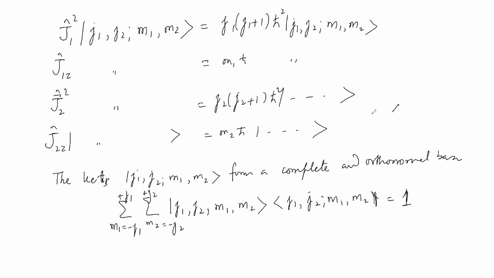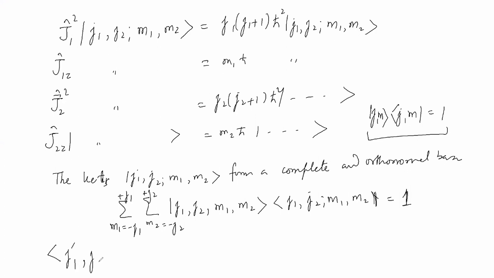Like earlier, for a single particle, we had ⟨J M|J M⟩ equal to 1. Here, for the joint eigenstates, |J1, J2, M1, M2⟩ in ket and ⟨J1, J2, M1, M2| in bra, this is equal to 1. This ensures that they are normalized.